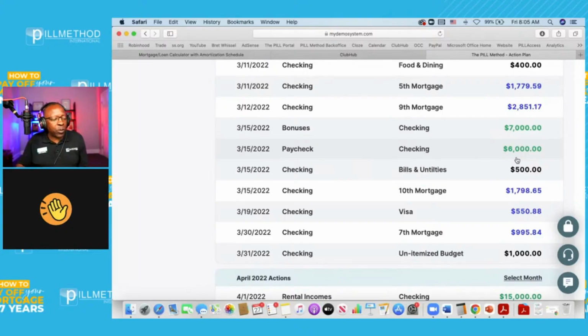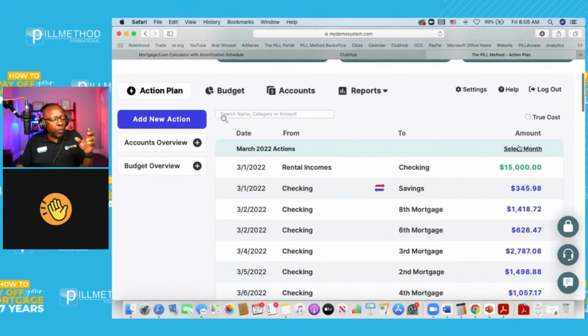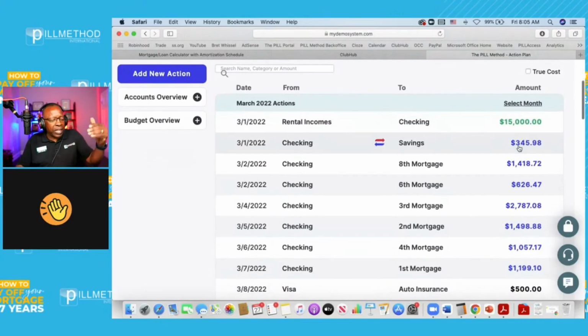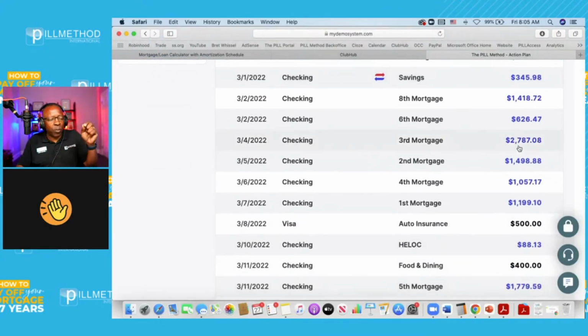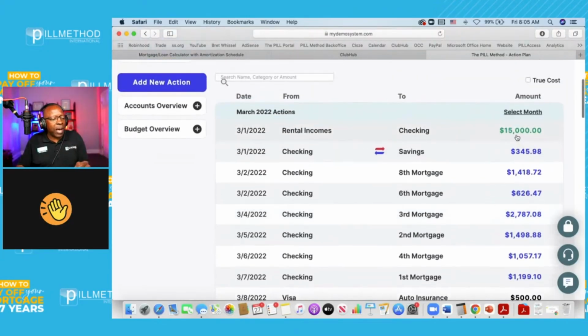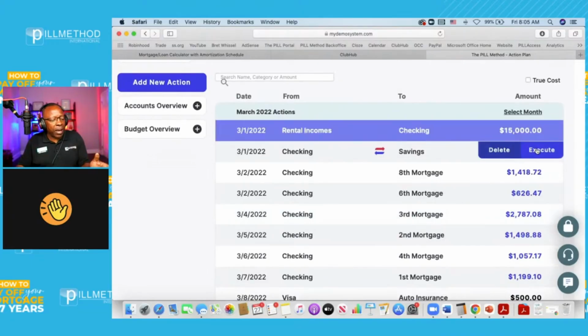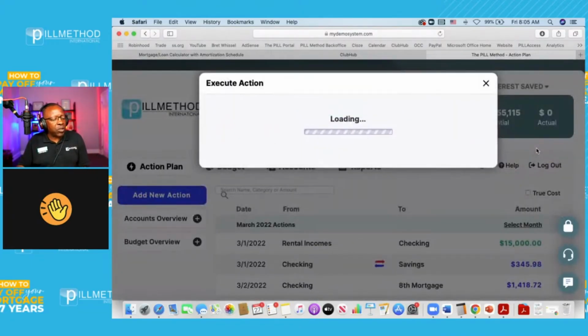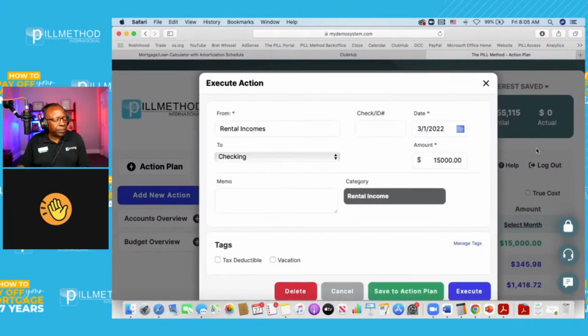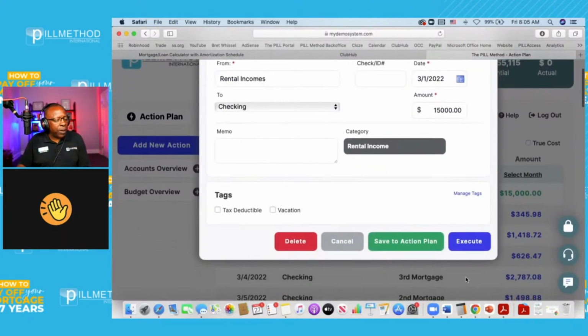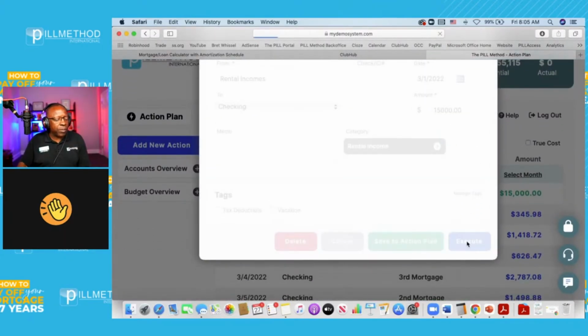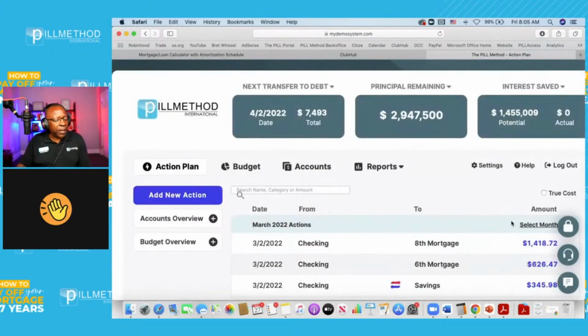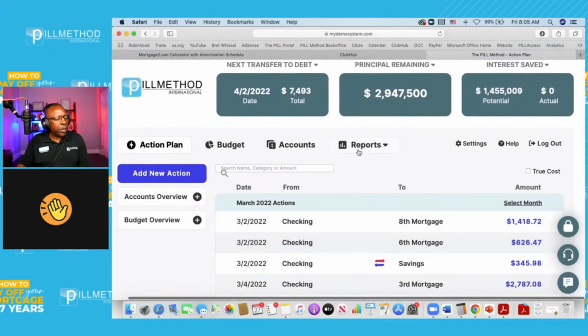Now, here's what's going on. As he's getting the money in and he's making the minimum payments, he's just reporting to the program, I receive my rental income. So he just clicks on the link, tells the program, I receive my rental income, and it disappears from the screen. Where did it go?